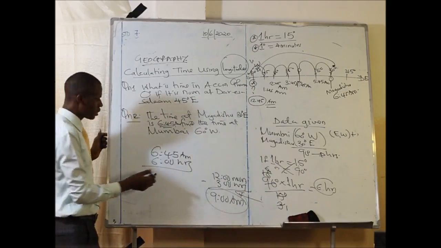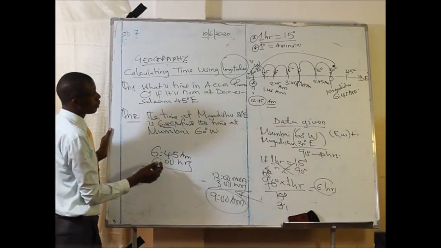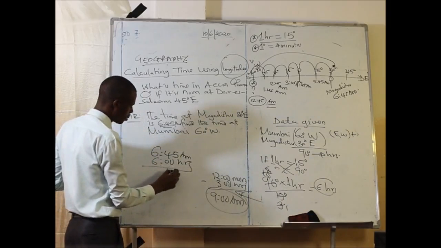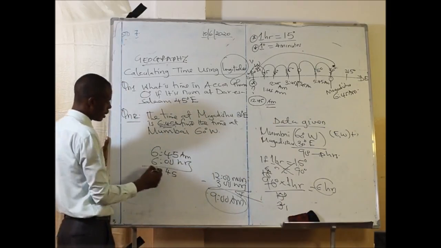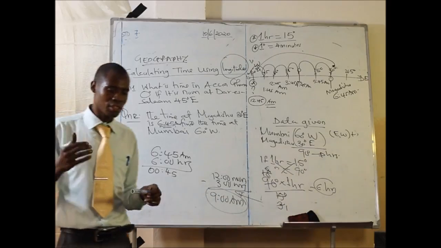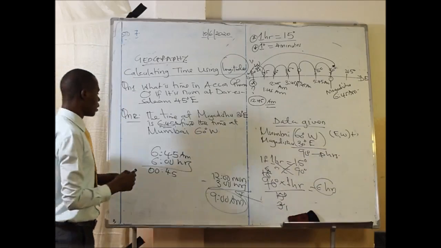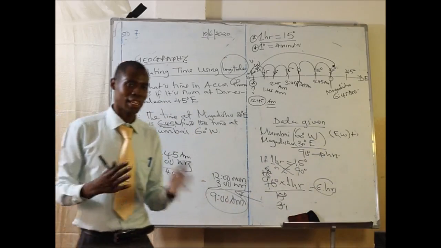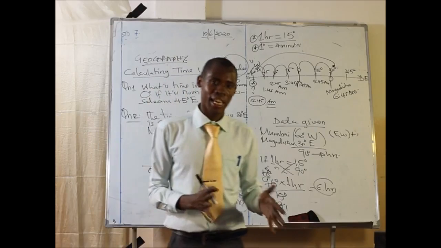When we subtract 6 hours, we have 45 here, and then 00 here. So once we have 00:45, the answer will still be AM, because it is like we are at midnight.